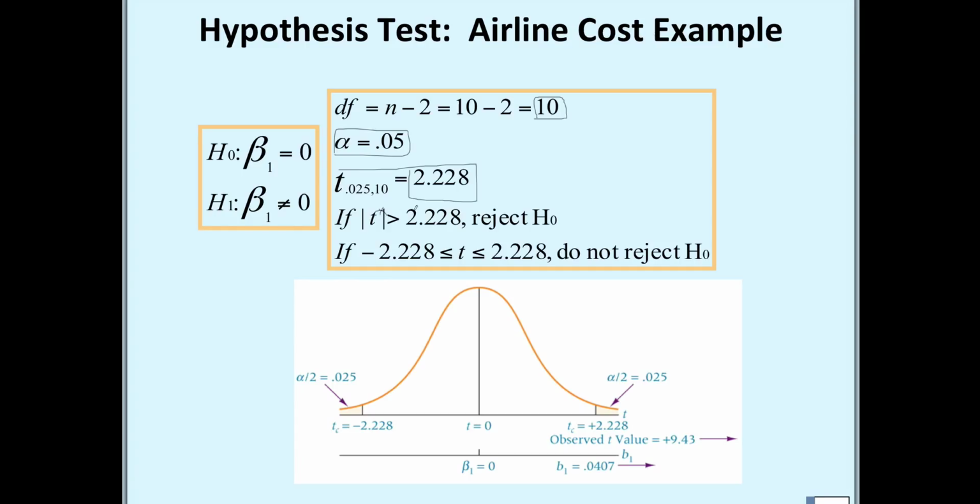If our T star, which is our test statistic, is more than our critical value, this is TC, we reject H0. Otherwise, we fail to reject our null hypothesis.